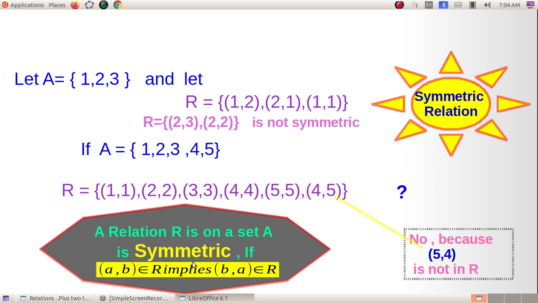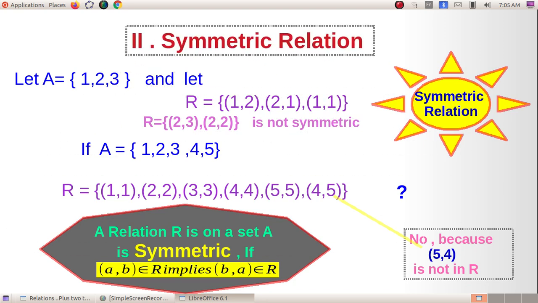Say with me, definition of symmetric relation: (a,b) belongs to R implies (b,a) belongs to R. What was the definition of reflexive relation? (a,a) belongs to R for every a in A. Then the definition of symmetric relation is (a,b) belongs to R implies (b,a) belongs to R.